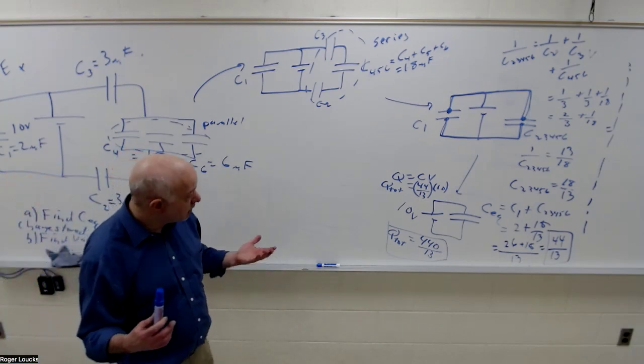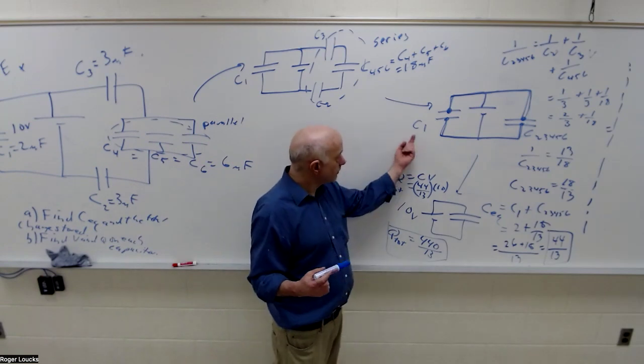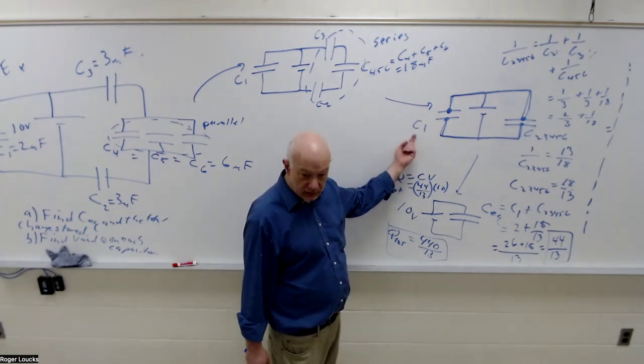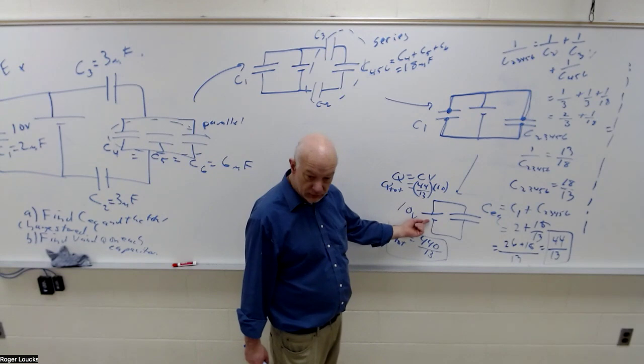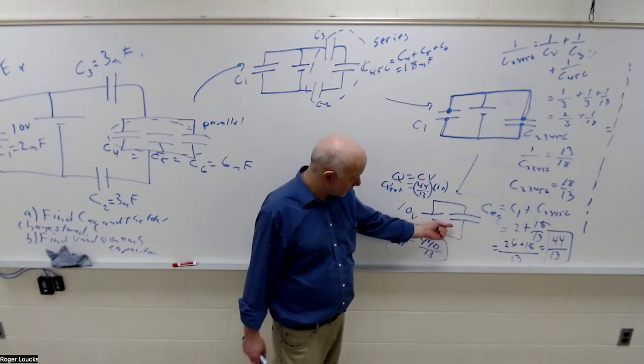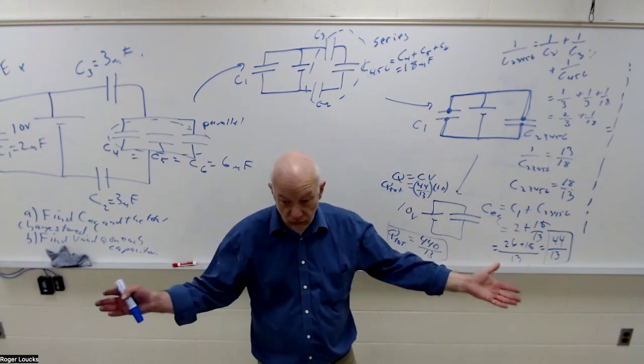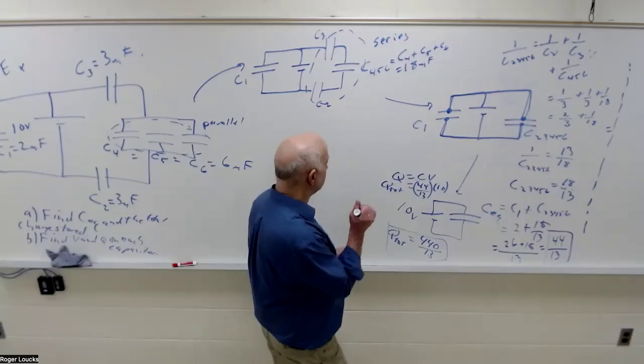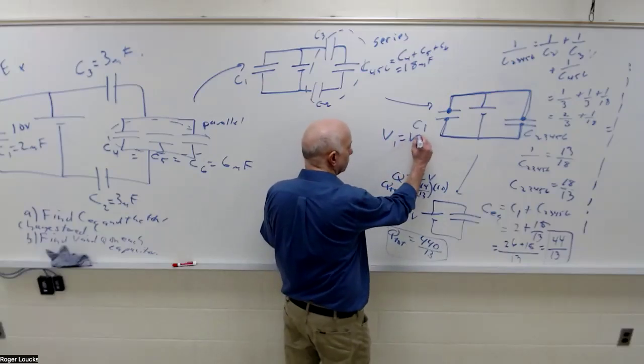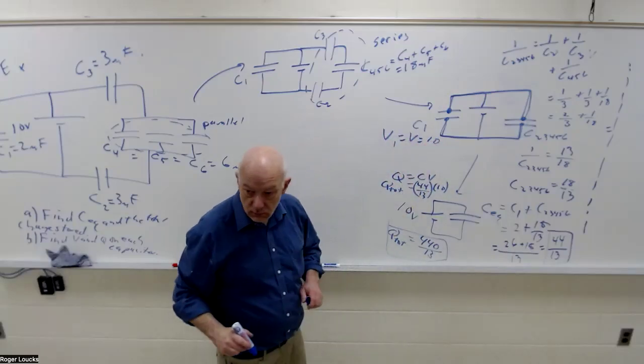Voltage. So what do I know here? I can automatically say the voltage on this one has to be 10, because the voltage here is 10, so there's 10 volts across here, and this comes from the parallel combination. Voltages are always the same in parallel. That means this V1 has to equal this V total, which equals 10.